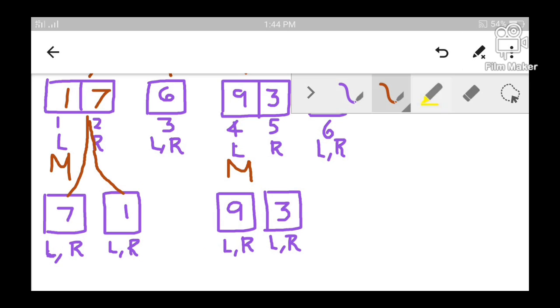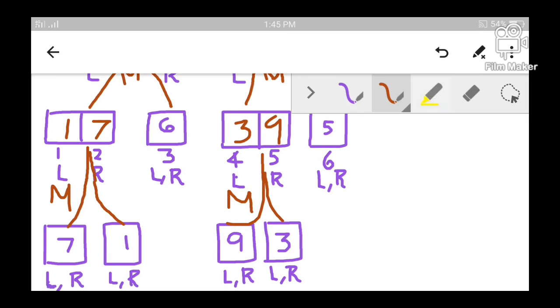When these two arrays are taken and they are merged together, result of merging will give you a new array whose elements are also sorted. So instead of 9 and 3, we will get the value as 3 and 9.